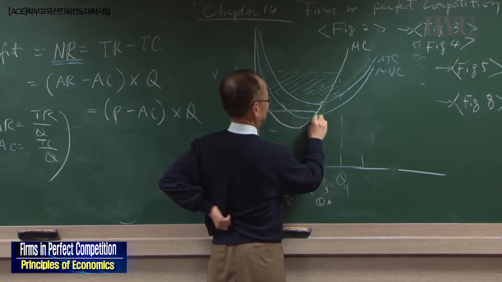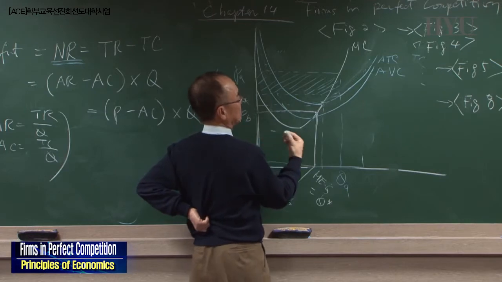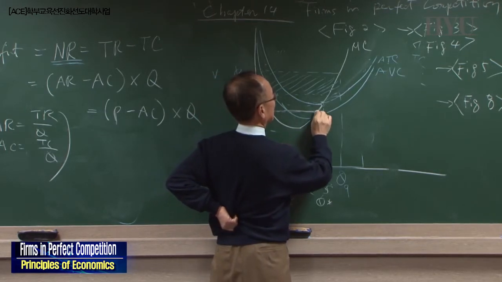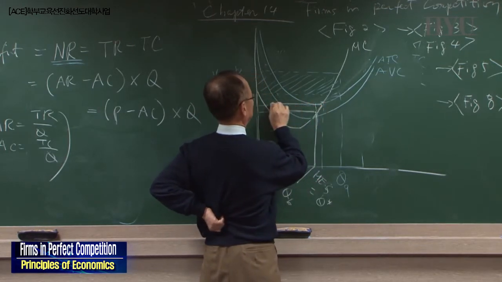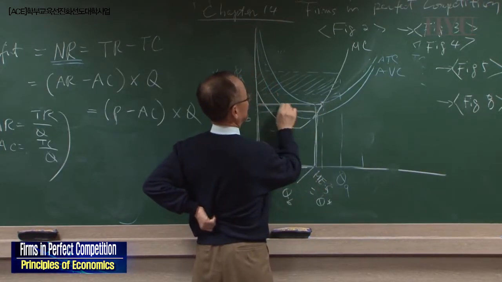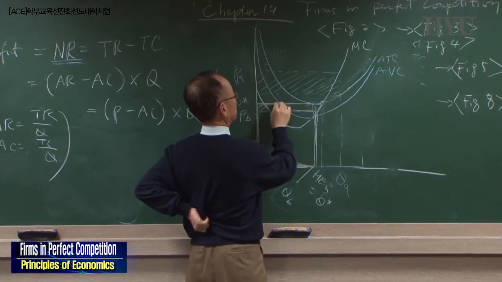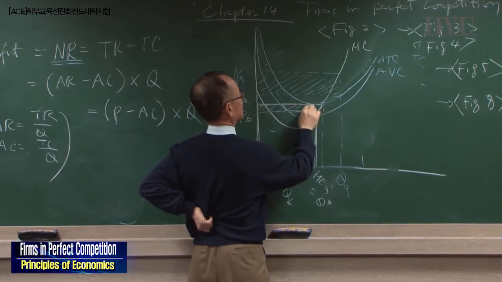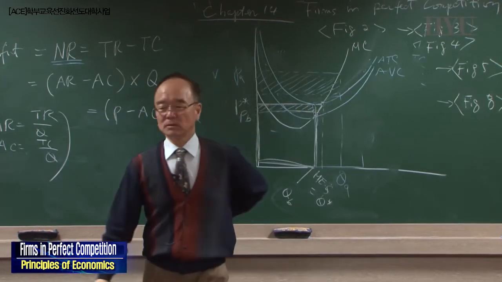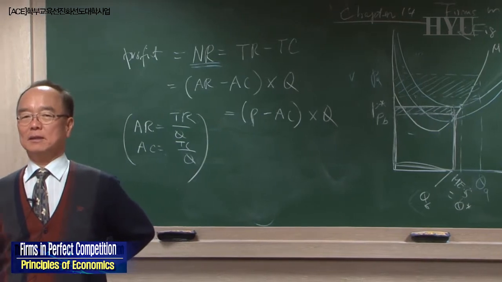At QB, this represents our total revenue. Then here, this represents our total cost. Then we record this much loss. So do we stop operating or do we not?